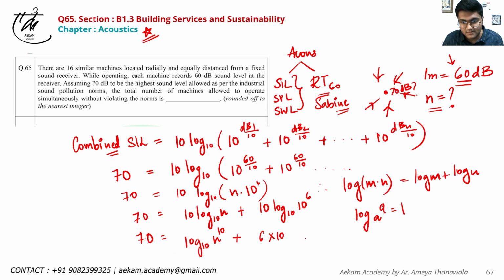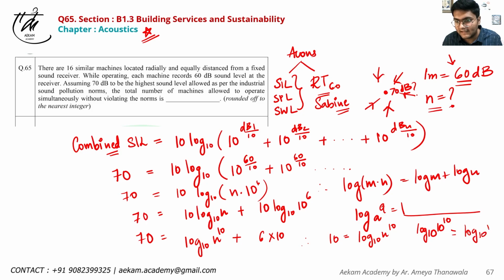So now to simplify, if we take 60 to that side, we get 10 equals log 10 of n raised to 10. How can I write 10? 10 can be written as log 10 base 10 to the power 10. Then the log can be cancelled.